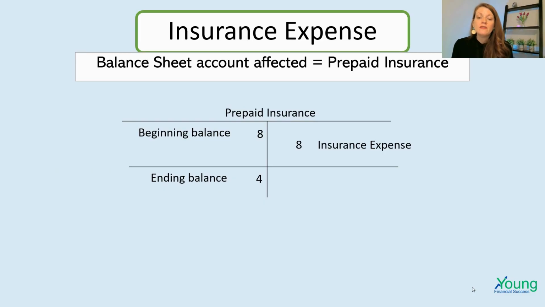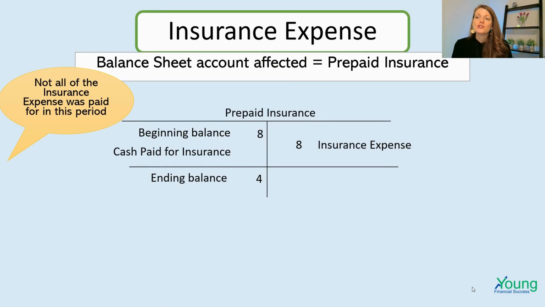If we go to the balance sheet and we look at prepaid insurance, which is an asset, it brings us value in the future. We started with 8,000. You see beginning balance 8,000. We ended with 4,000. Okay, so 4,000 of our $8,000 of insurance expense was actually paid back in 2025. So 4,000 of it should not even show up as cash. So not all insurance expense was paid in 2026, in that current period.